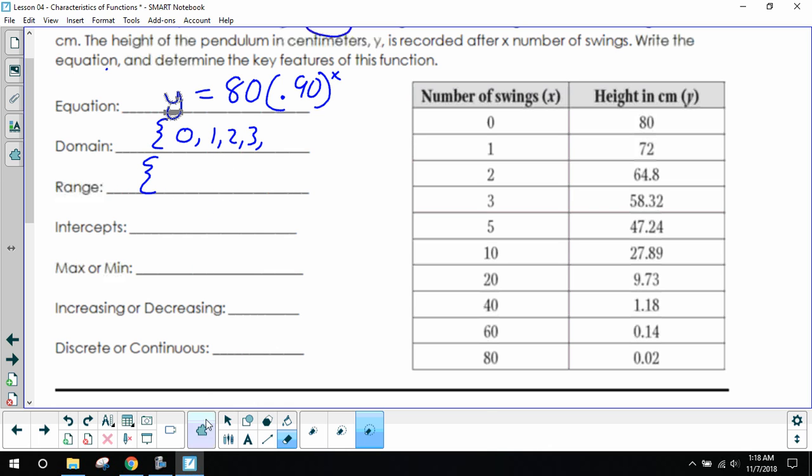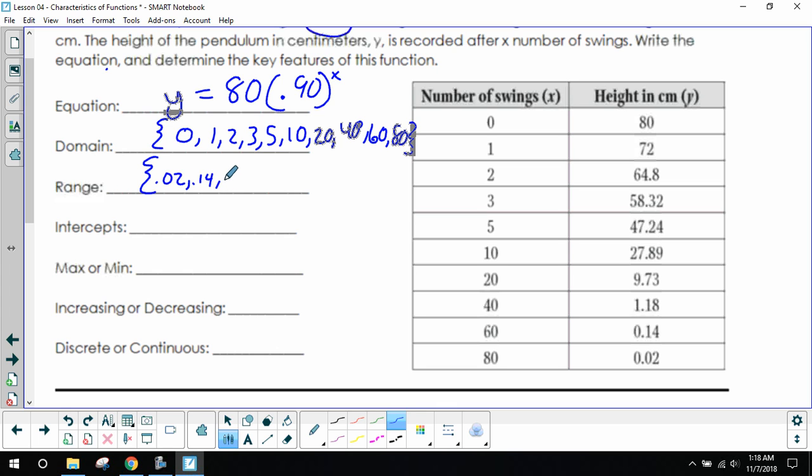We're going to put 5, 10, 20, 40, 60, and 80. And just as extra for the range, 0.02, least to greatest, 0.14, and you should have plenty of space to write this. Because if I can write it, you can write it. And I might be sticking my foot in my mouth because I'm running out of space already.